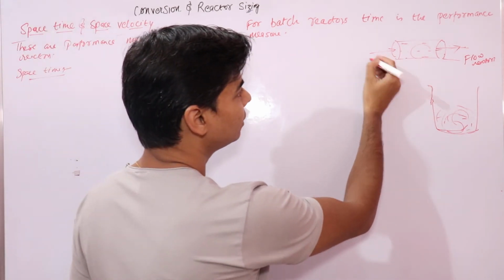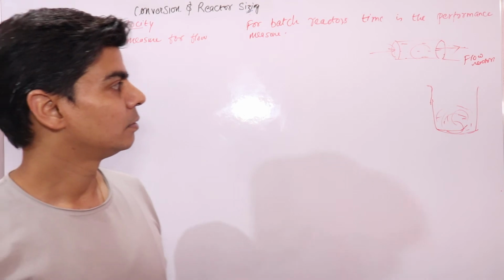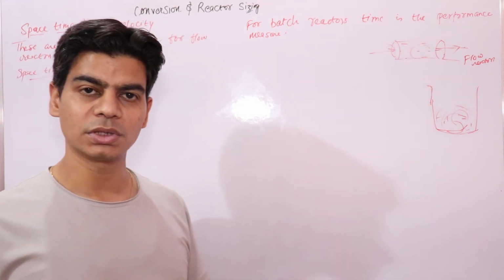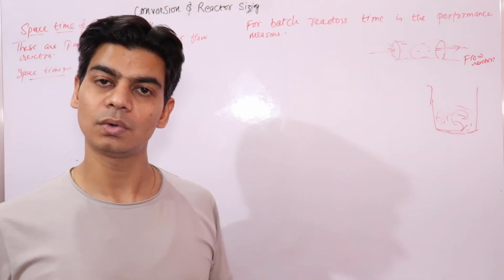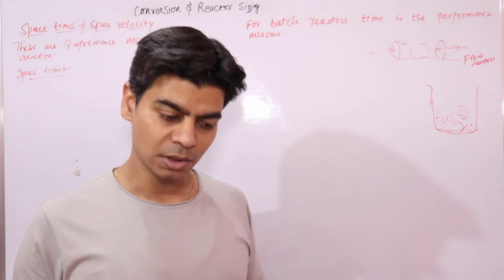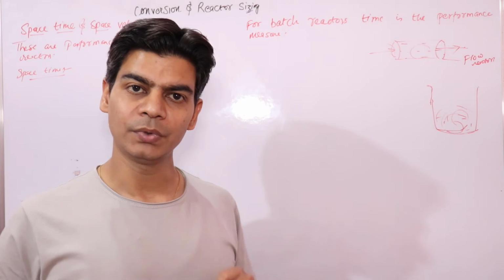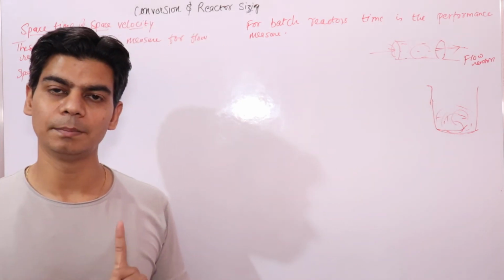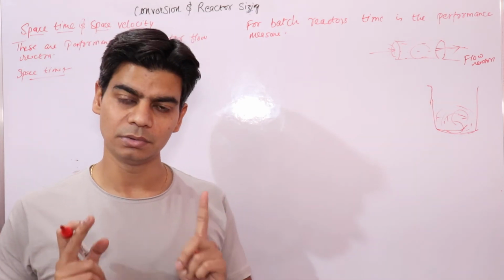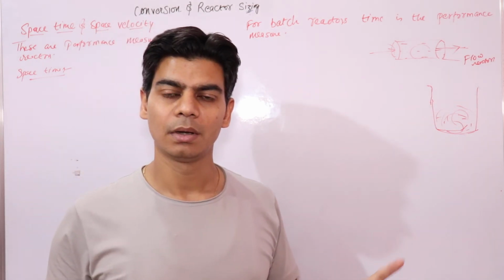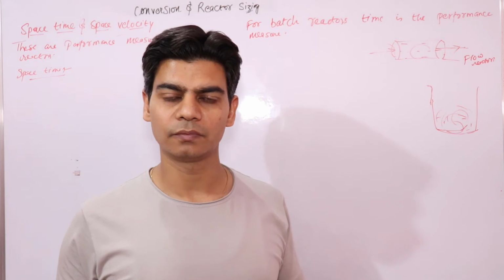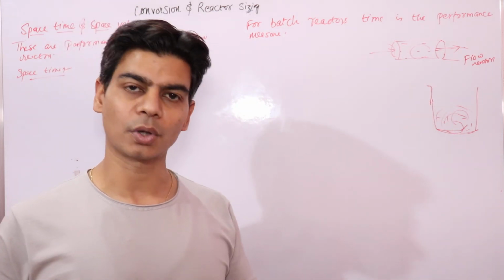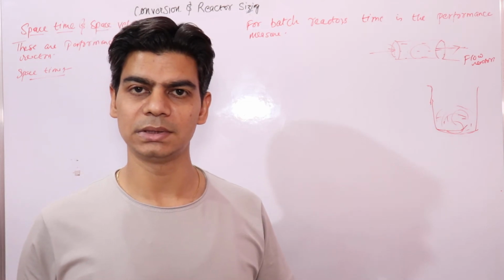So when you send a feed from one end, the time this reactor takes to process one feed is your space time, right? Using space time, or the time taken by this reactor to process one feed, you can measure the performance of the reactor. Maybe the less time this reactor takes to process the feed, the more is its efficiency, right?